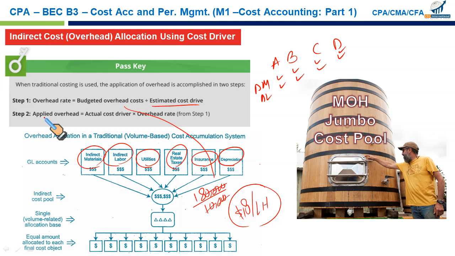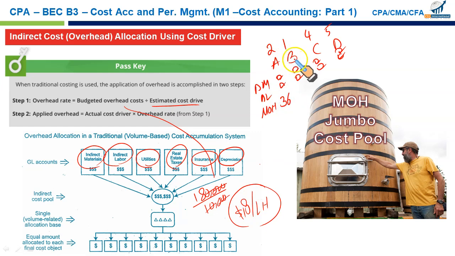Now let's say item A takes 2 labor hours, item B takes 1 labor hour, item C is complex and takes 4 labor hours, and item D takes 5 labor hours. So direct material and direct labor would never be an issue. I told you they are easily traceable. How do we allocate manufacturing overhead? Since item A takes 2 hours to make, it should carry 2 times 18, $36 worth of manufacturing overhead.